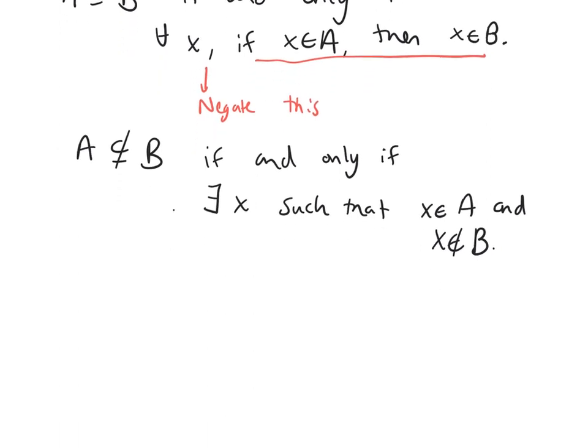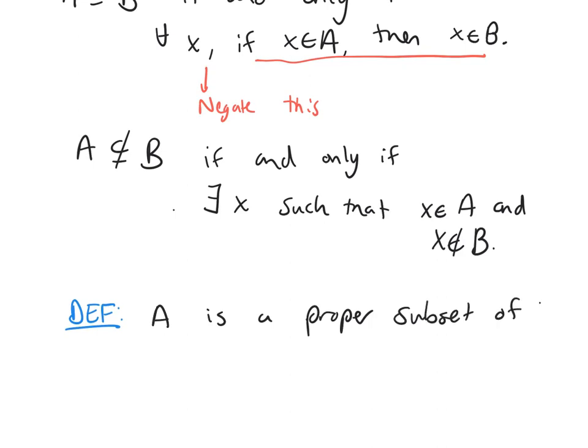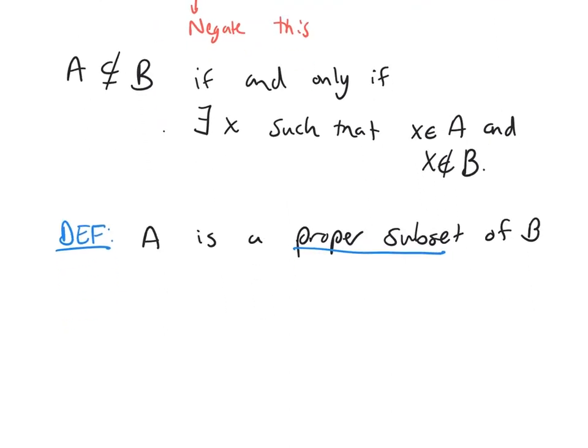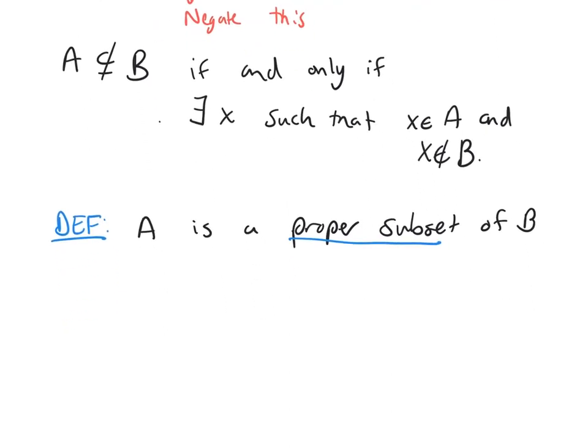We're going to write one more definition down, and it's for a proper subset. So we would say A is a proper subset of B if and only if two things have to happen.